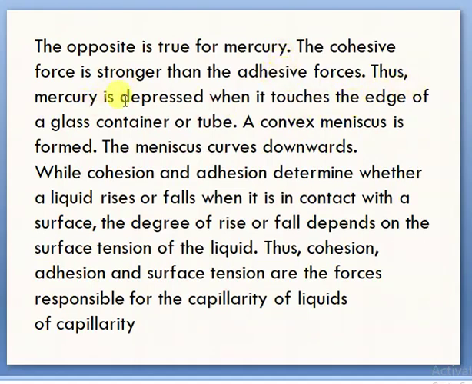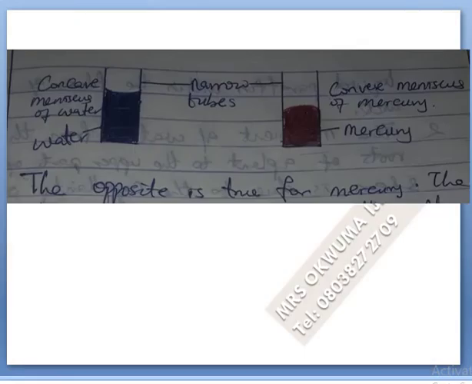Thus, mercury is depressed when it touches the edge of a glass container. So when mercury touches the edge of a glass container, there will be a slight depression, a slight fall in the level of mercury. And therefore, mercury forms what we call a convex meniscus. Let's see the diagram.